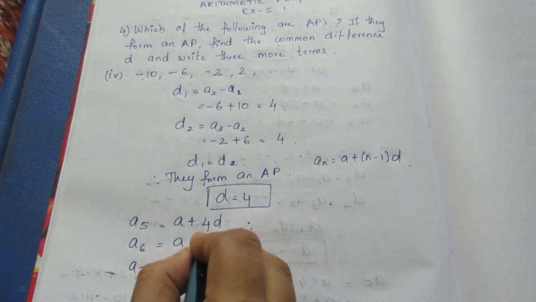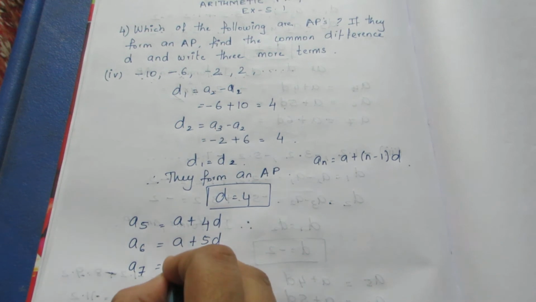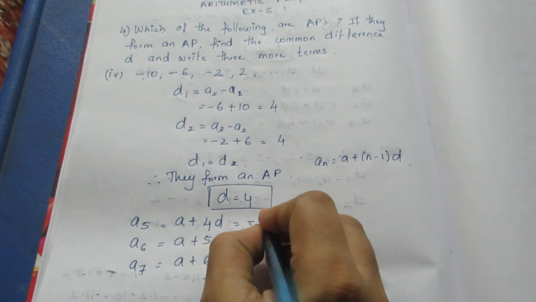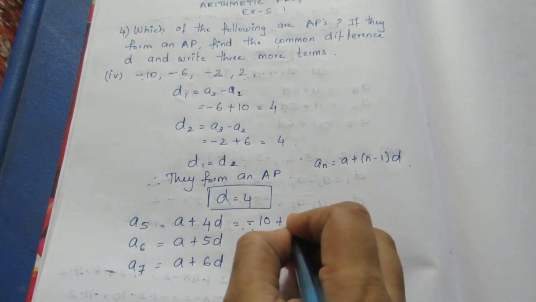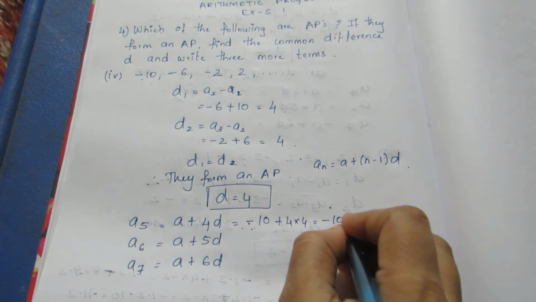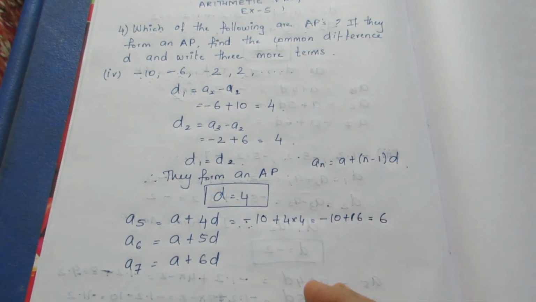Here it becomes 5d for 6, and for 7 it will become 6d. So a here is minus 10, plus 4 into 4, which is minus 10 plus 16. This is nothing but 6.